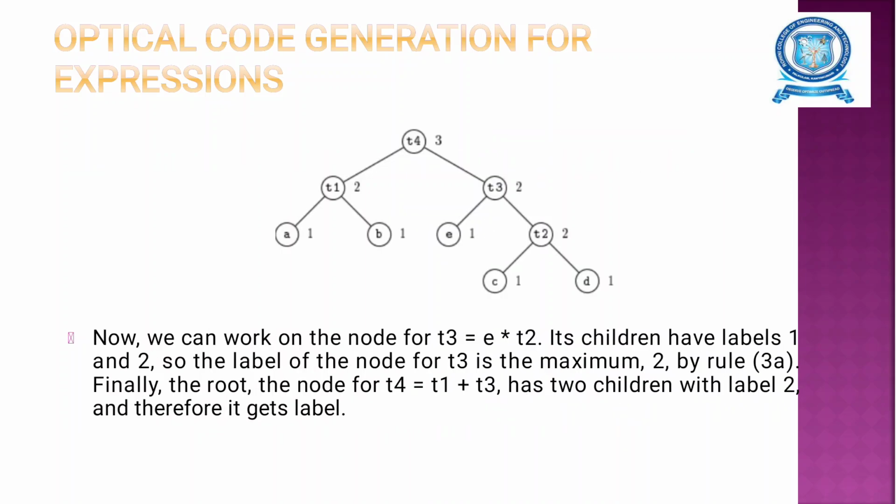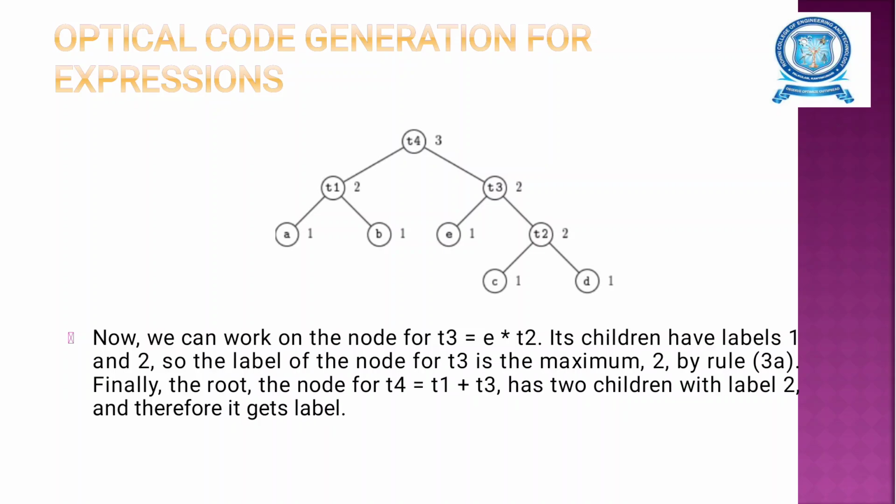The syntax tree is drawn for that given three address code, where all the nodes are labeled. The leaf nodes have the label 1. So a is a leaf node, b is a leaf node, and e, c, d are all 1. Then we move to the interior nodes.